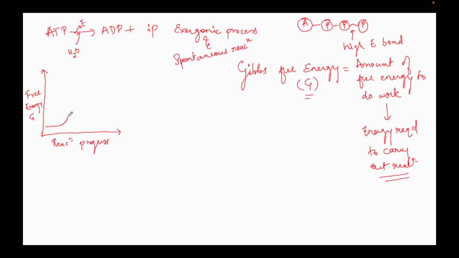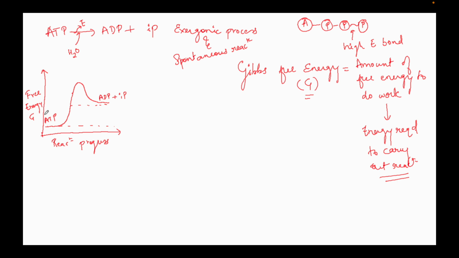At the starting we have ATP molecules, and Gibbs free energy increases, reaches the transition state and products are formed. So here we have ATP and here we have formation of products, that is ADP plus inorganic phosphate. This is the free energy of reactant and this is the free energy of product.